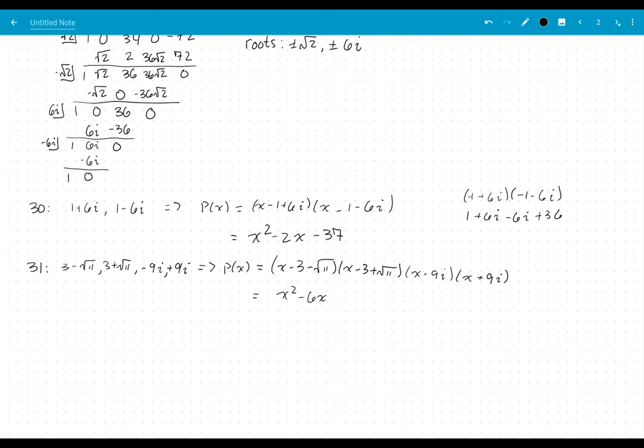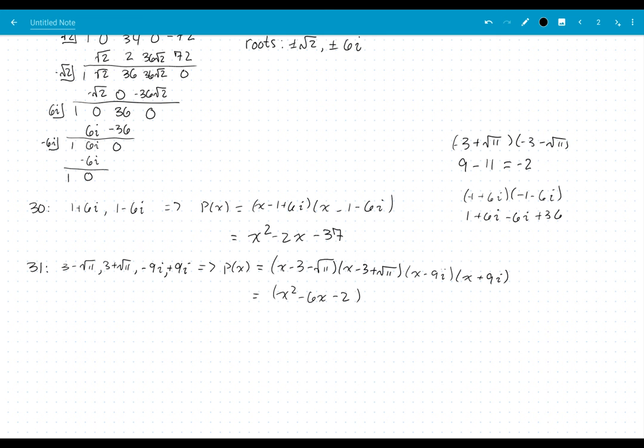And then negative 3 plus the square root of 11 times negative 3 minus the square root of 11 is equal to 9 minus 11, which is negative 2. We get negative 2. Okay.